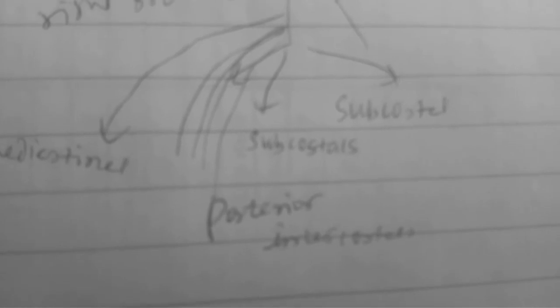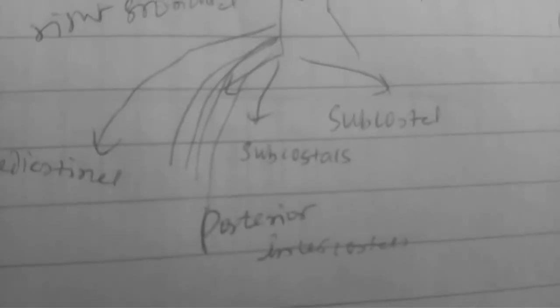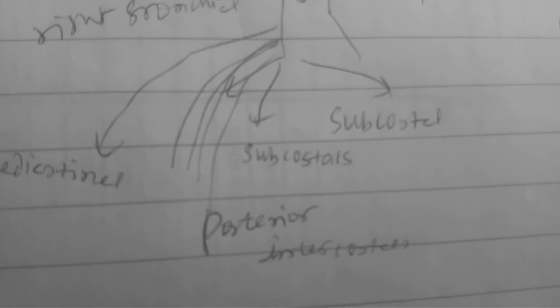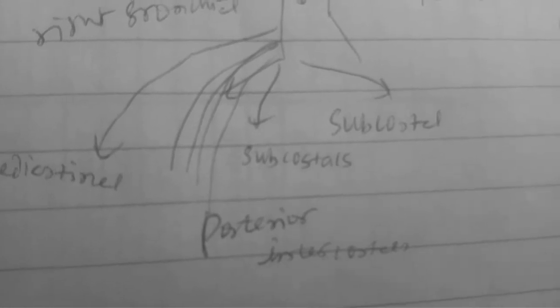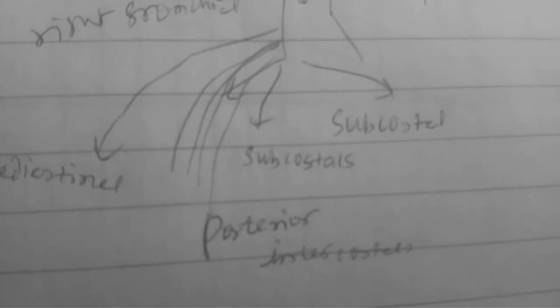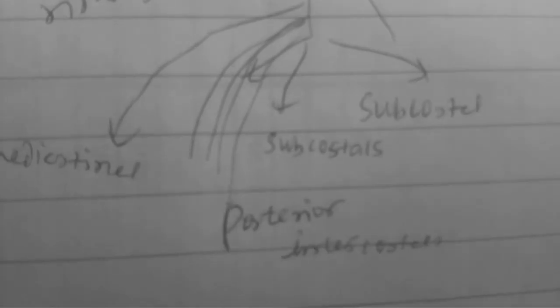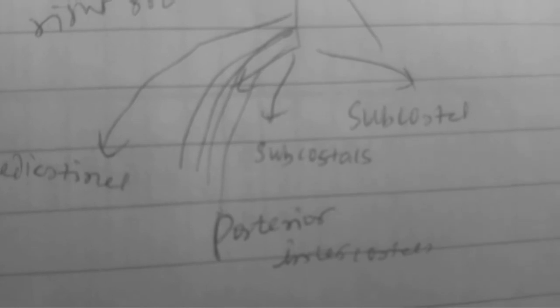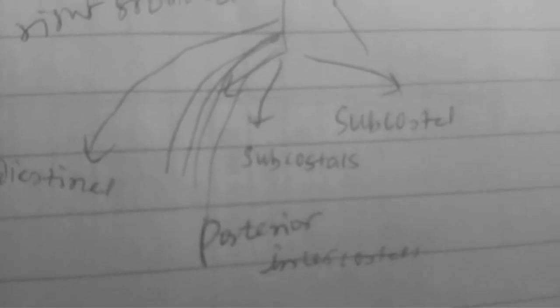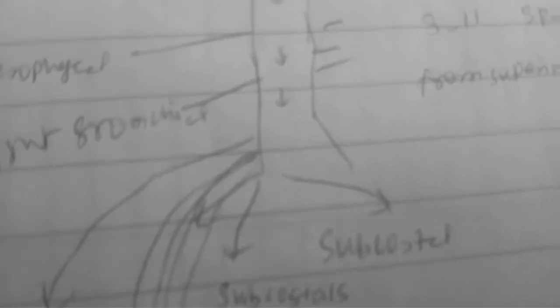But just for reference, the subcostal arteries are the direct branches of the descending thoracic aorta, unlike the supracostal branches, which are from the costocervical trunk of the subclavian artery. We have seen an analogous thing like this.